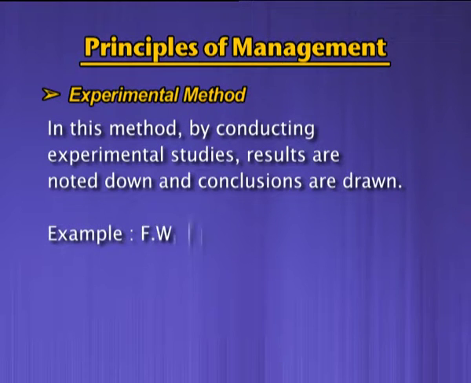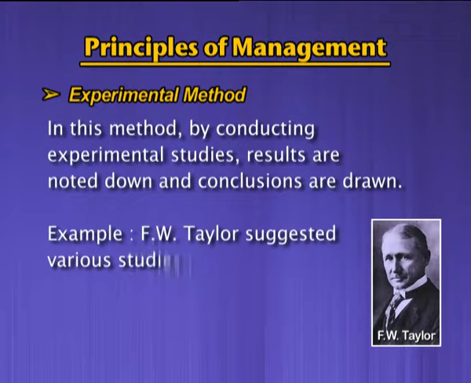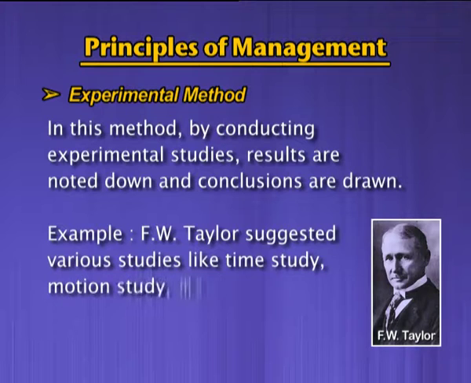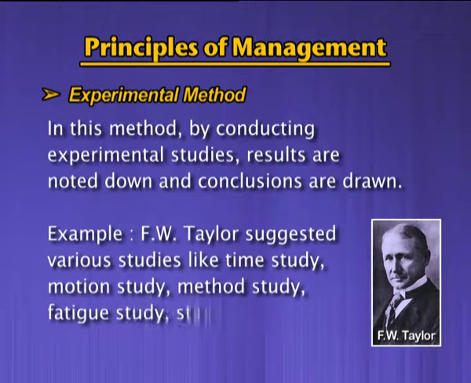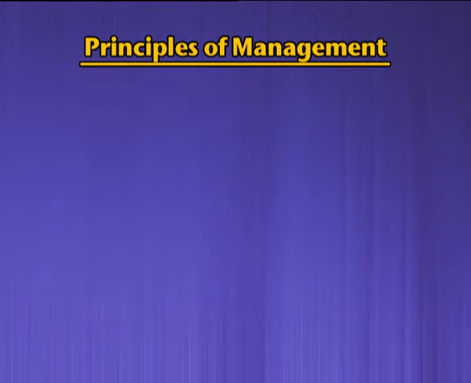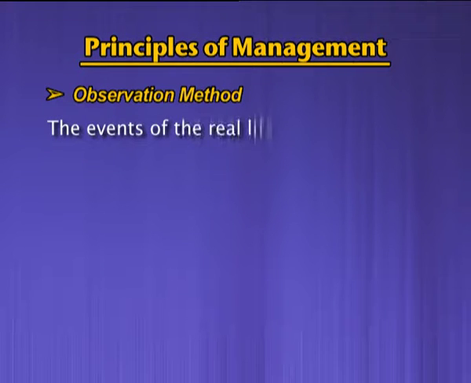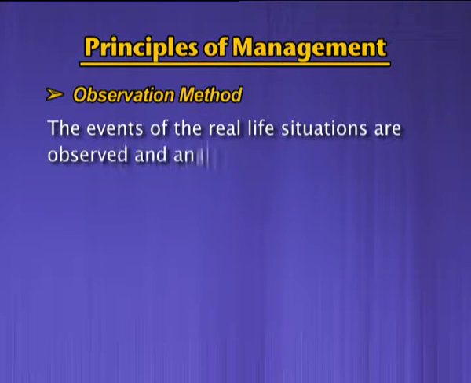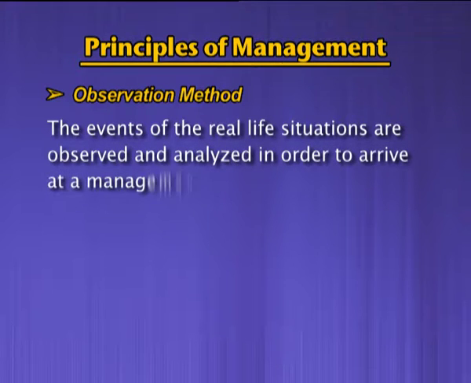For example, Mr. F.W. Taylor suggested various studies like time study, motion study, fatigue study, standardization of work to fix a day's optimum work. Our second method is observation method. In observation method, the events of the real life situations are observed and analyzed in order to arrive at a management principle.